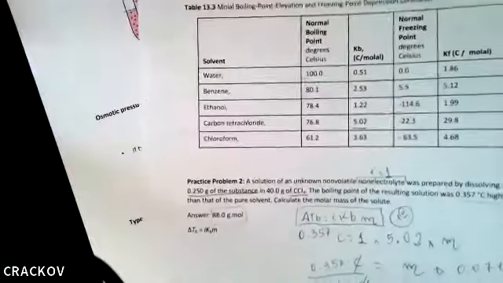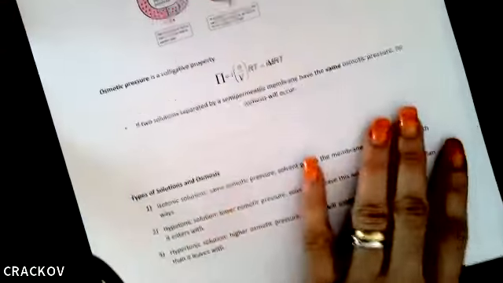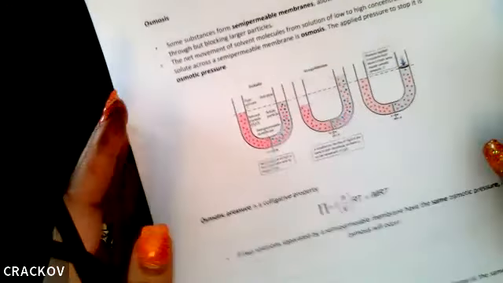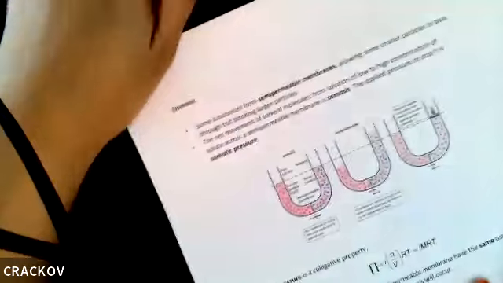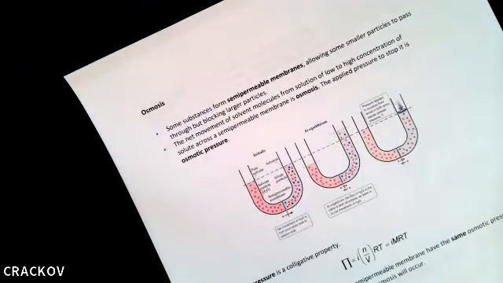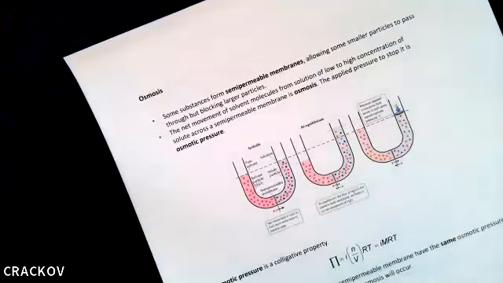Now let's go to osmosis. Some substances form semi-permeable membranes, allowing some smaller particles to pass through, but blocking larger particles.